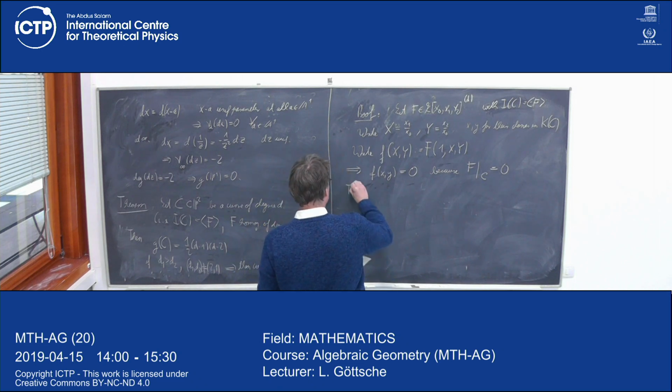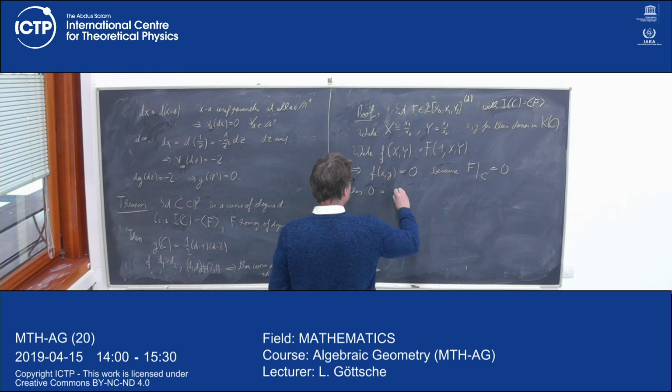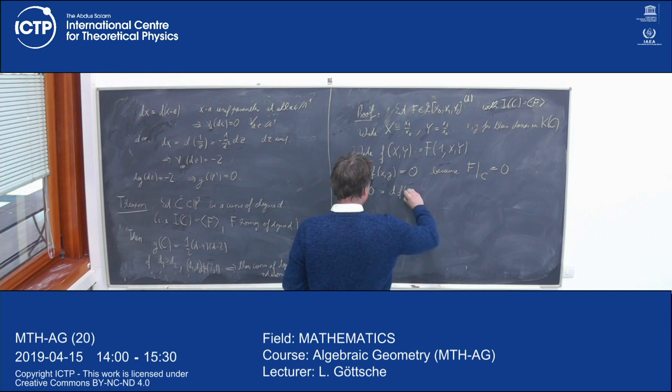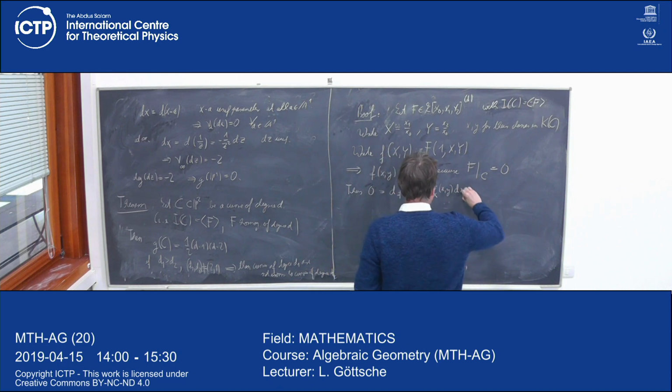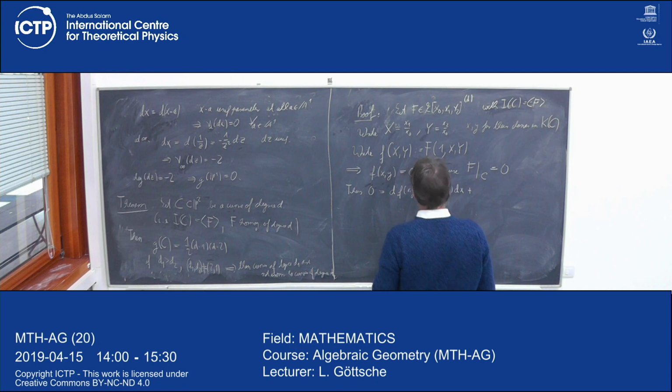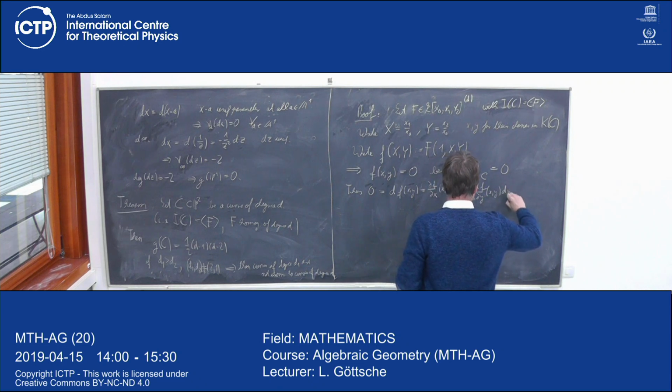Thus 0 is equal to df(x, y), which is equal, by what I had, to ∂f/∂x (x, y) dx plus ∂f/∂y (x, y) dy.